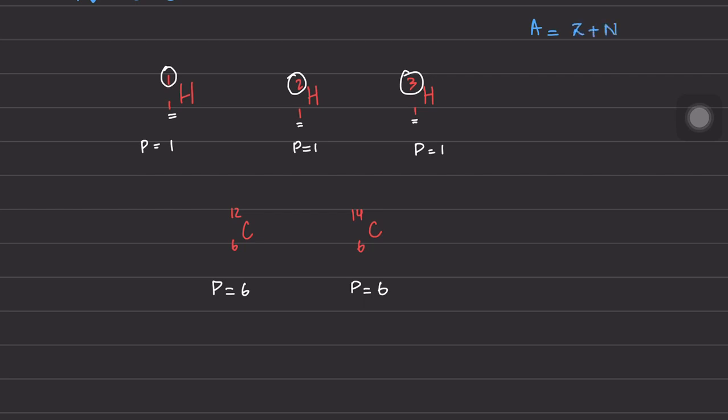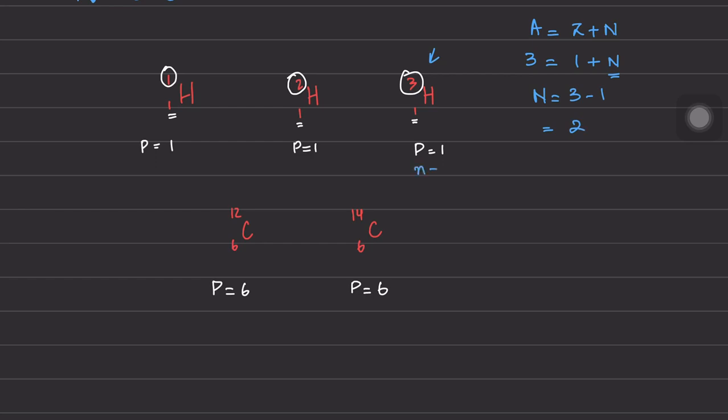If we talk about this one, the nucleon number is 3 and the proton number is 1. So what am I left with? The number of neutrons. The number of neutrons in this case is 3 minus 1, which is 2.